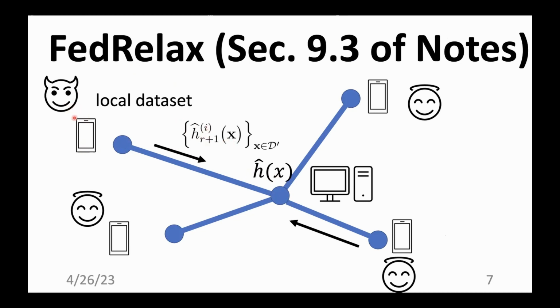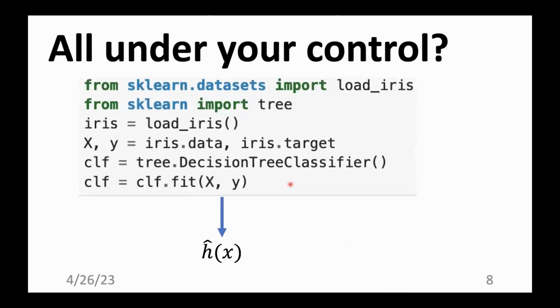And an adversary might intentionally perturb these predictions on a test set in order to steer the learning process towards an ultimate hypothesis.